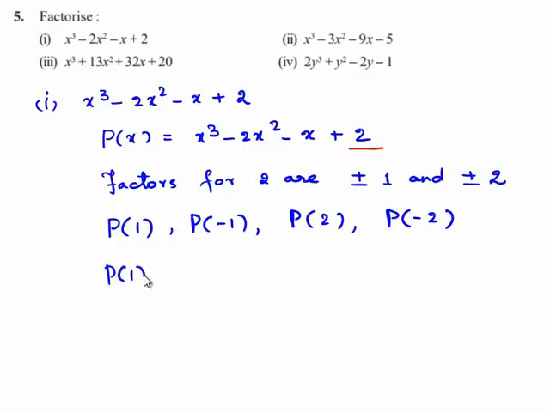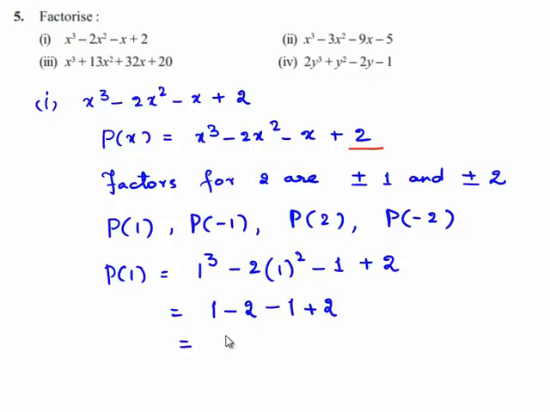P of 1 is equal to 1 cube minus 2 times 1 square minus 1 plus 2, which is 1 minus 2 minus 1 plus 2, which is equal to 1 plus 2 minus 2 minus 1, which is equal to 3 minus 3, which is 0.